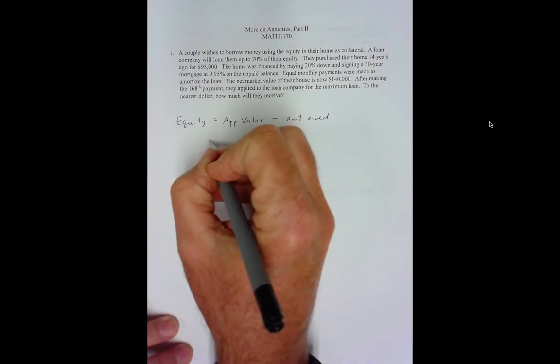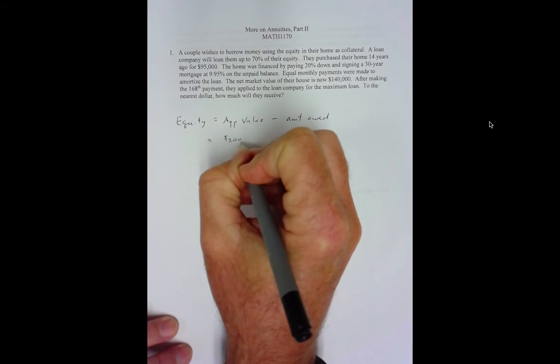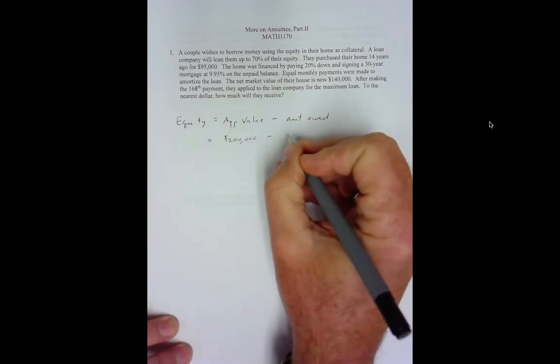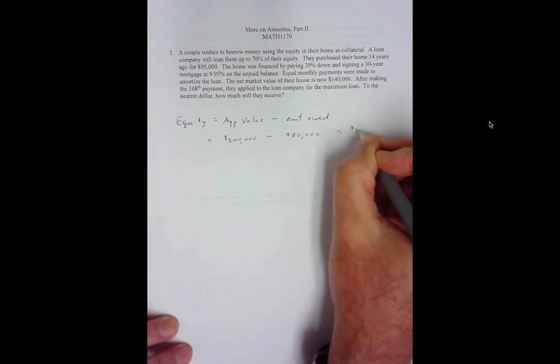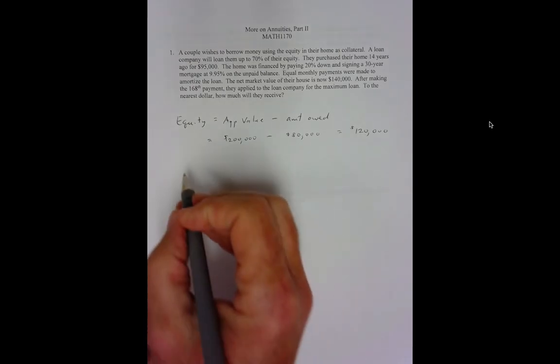So if your house is currently worth $200,000 and you owe $80,000 on the house, then you have $120,000 equity in your home. Now, banks will usually lend up to 80% of that. This problem right here, we're using a number like 70% for some reason, but that's cool.